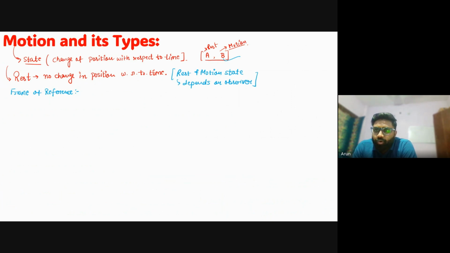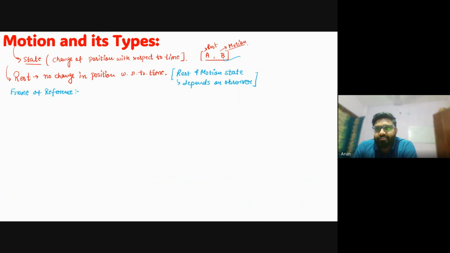So it is very important to fix the observer. For that, we have the frame of reference. Got it? This frame of reference depends on the observer. And who is the observer?